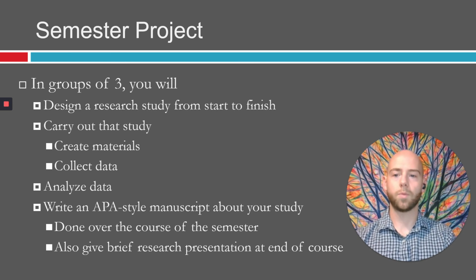But if you're looking at this and wondering what you can do ahead of time, maybe the most important thing you could do is just start thinking about what you are interested in. That is the topic of reflection that you need to do, one of our short writing assignments, to just talk about the types of things that you are interested in studying.